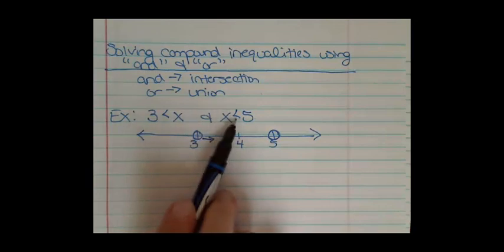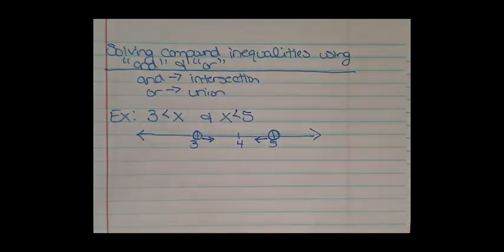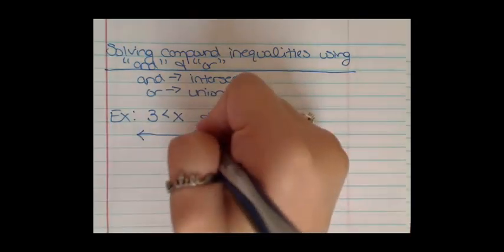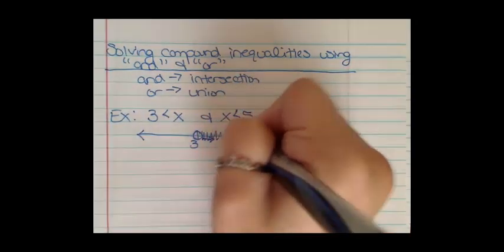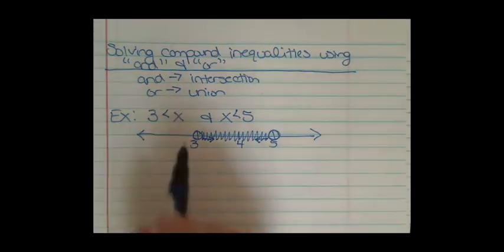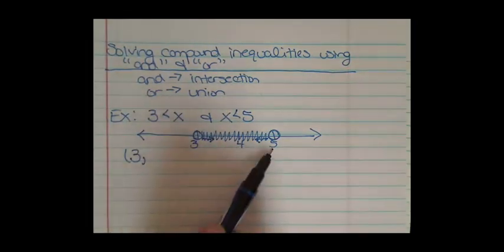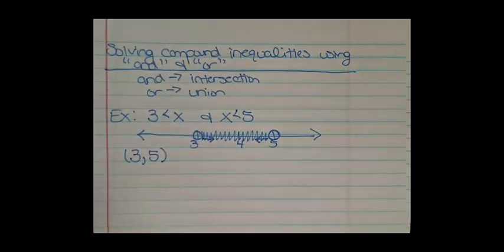So do you think we can write that in interval notation? Hopefully you can. Our low is our 3, and we're not including it because it's just less than. And our high is our 5. And then we're not including it either. It has the open circle. So there's the interval notation for that problem. Now, do you think we can write it as a set builder, where we have x such that?